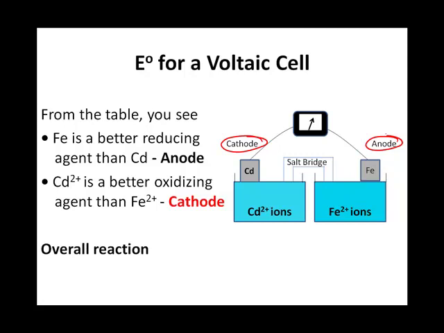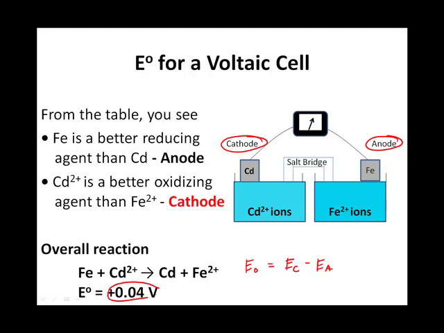So the overall reaction here is we have Fe plus Cd2+ goes to Cd plus Fe2+, and when we subtract our standard potentials, in other words, we take the energy from our cathode, subtract it from the energy from our anode, we get 0.04 volts, which is not very much at all.